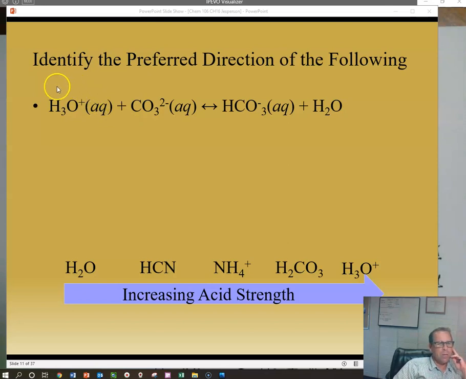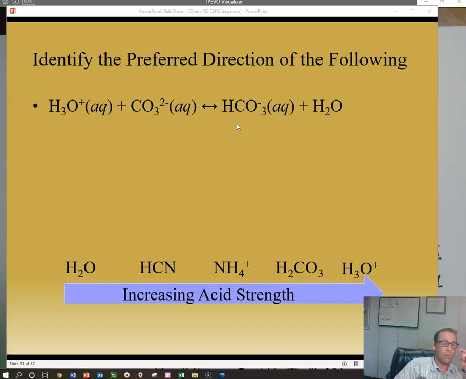Okay. So here we have H3O plus behaving as an acid on the left side of the reaction, and the HCO3 minus behaving as an acid on the right side of the reaction. And so we can identify the preferred direction of this reaction by looking for which one of these acids, H3O plus or HCO3 minus, is the stronger acid.